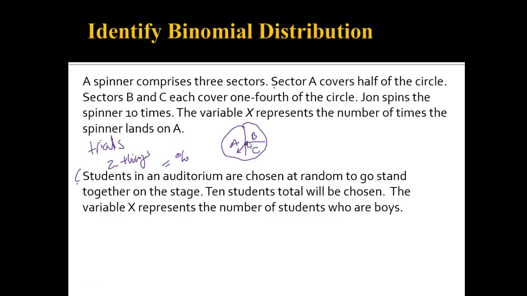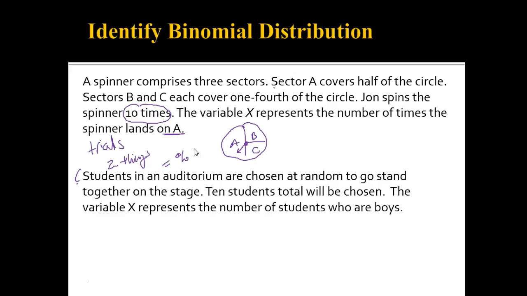John spins the spinner 10 times. 10 times, that is how many trials? So that is step number 1, 10 times. Second, the variable X represents the number of times the spinner lands on A. Okay, that is a success, landing on A, so then landing on B or C would be a failure. So that's 2 things. Lands on A, that's a success.